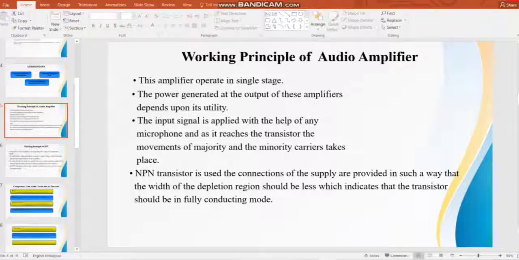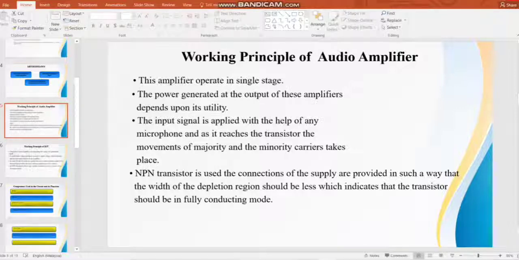The power generated at the output of this amplifier depends on the input. The input signal is applied with the help of a microphone, and as it reaches the transistor, the movements of majority and minority carriers take place.